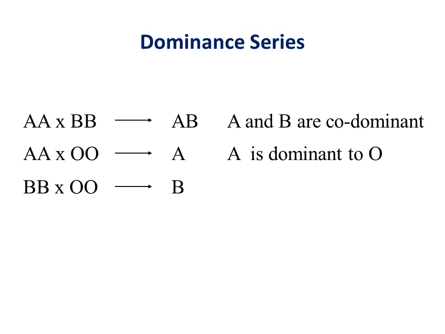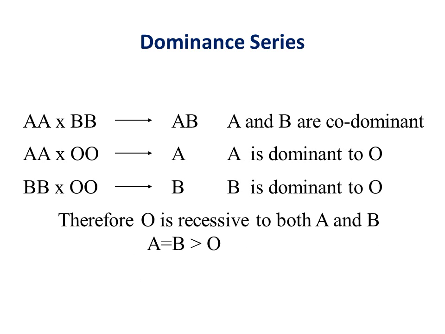They're going to be presenting just one type of sugar. If they're BB crossed with O, they will be considered B blood type and just presenting that second type of sugar. We say that A and B are codominant. A is dominant over O and B is dominant over O. Therefore, O is recessive to both A and B.